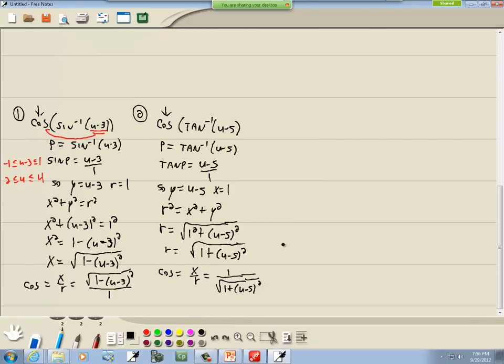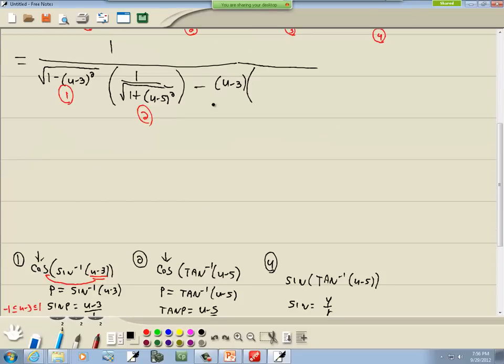So I come down here. This is using the same information as I have here. And sine is equal to y over r. And y we said was u minus 5. And r is equal to this square root. So 1 plus u minus 5 squared. Like that.